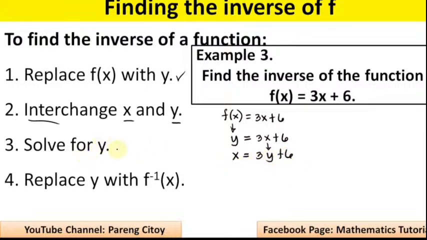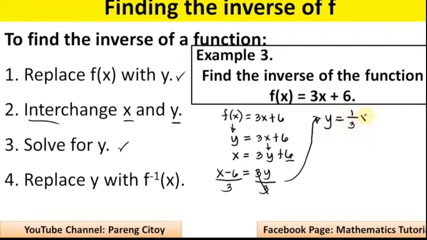Then, step number 3, you need to solve for new y. So, i-transpose natin yung positive 6 sa kabila, magiging x minus 6 equals 3y. Then, to find the value of y, divide both sides by 3. Ito magiging eliminate. So, remaining value, y equals, pwede pa ma-simplify, 1 over 3 x.